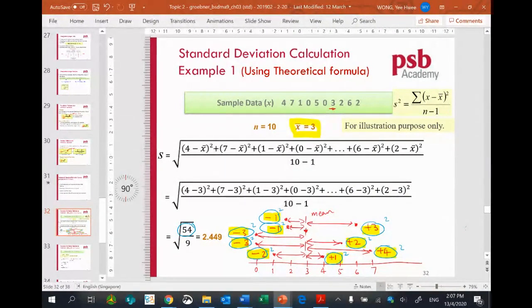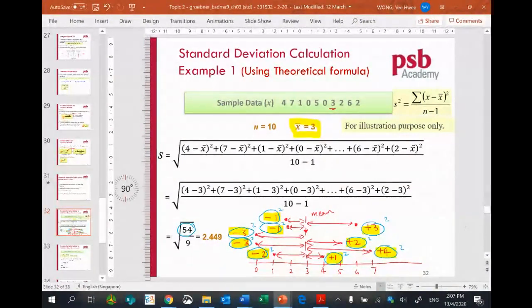Now this 54 comes from all the 10 numbers, right? Even though there's one which is 0, you count it as 10 numbers, okay? Now according to the formula, there's n minus 1, so minus 1. In concept, it's like finding the average.